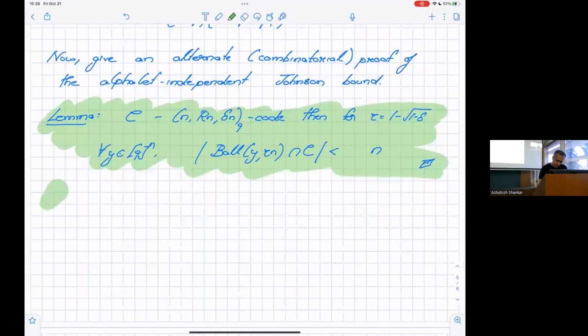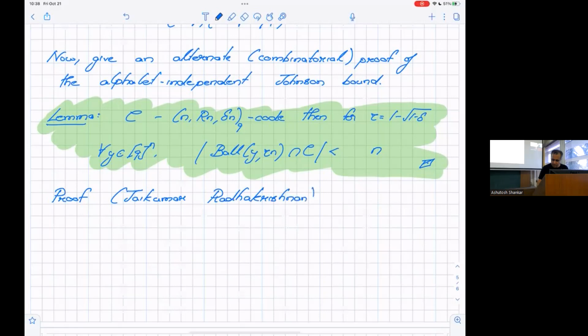Basically, what we're going to do is a sort of counting argument. So suppose I give you a y and L code words.